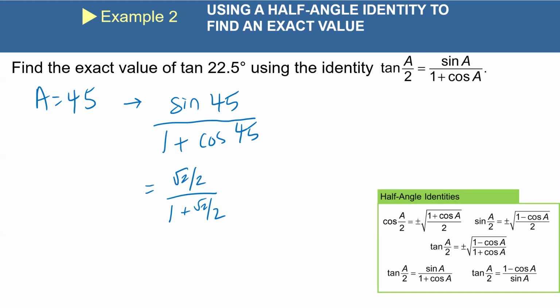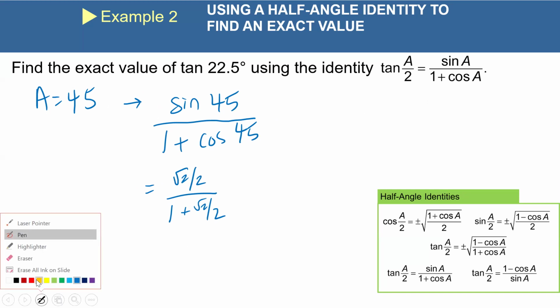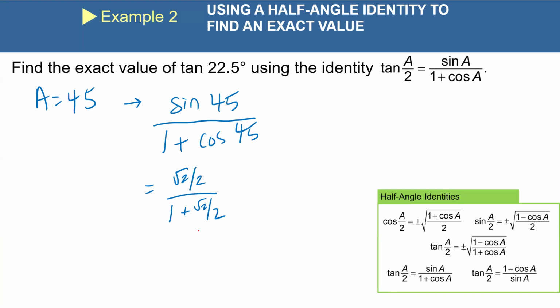So again, we have fractions within a fraction. Before we can keep, change, and flip, we have to have a combined fraction. So we would do 1 over 1 plus square root of 2 over 2, combine it, and we get 2 plus the square root of 2 all over 2.